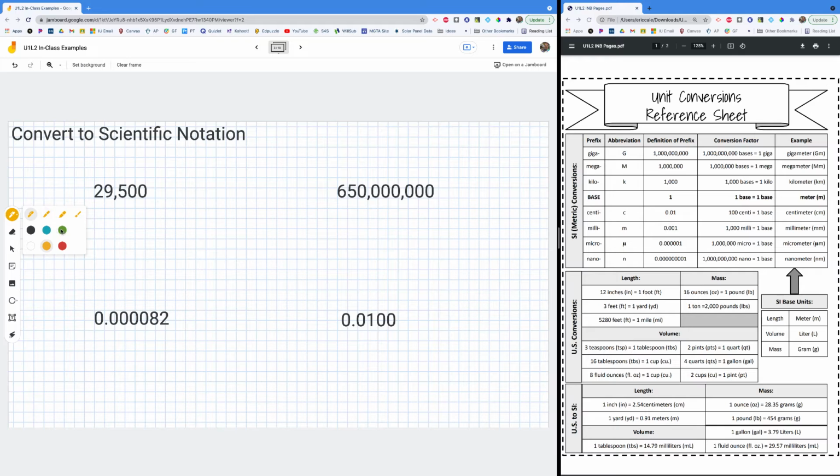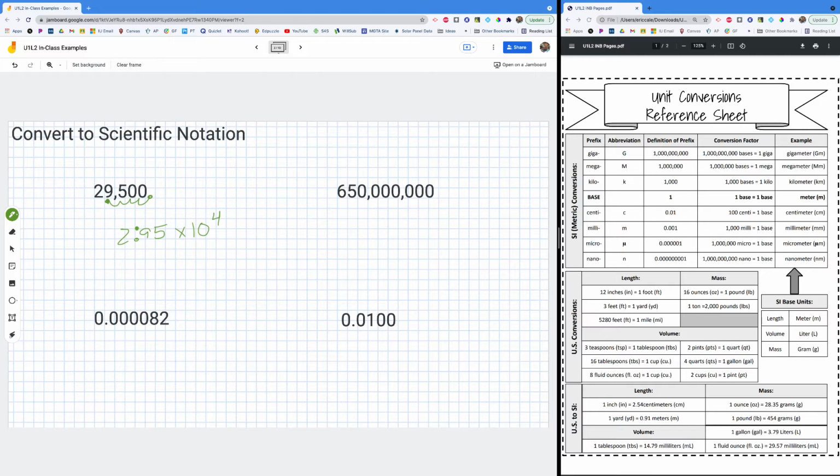To do scientific notation, you've done this before, like since 7th grade, so it shouldn't be that difficult. But basically, you find where the decimal is. Our decimal would be here. And you bunny hop it over 1, 2, 3, 4 spaces on this one until you get just one non-0 number to the left of the decimal. So this would be 2.95. And then, after you do that, it's times 10 to the, we know it's 4.